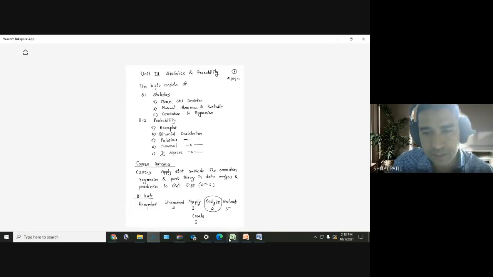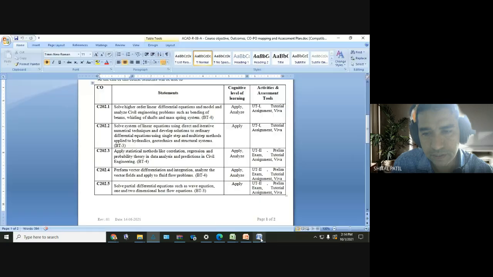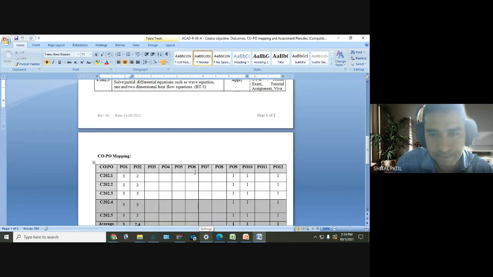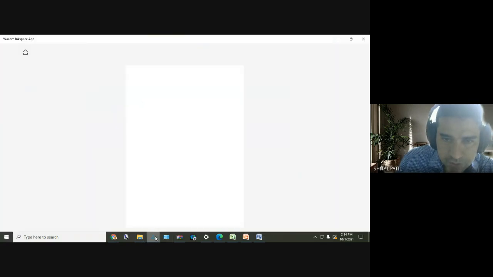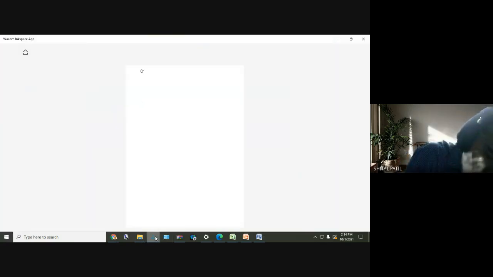Next, on the next page, let me change the page. On the next page, CO, PO mapping.